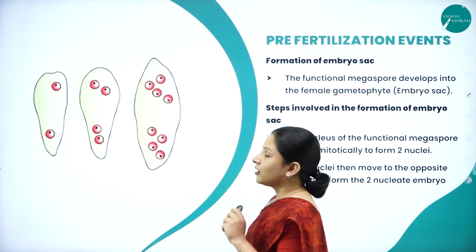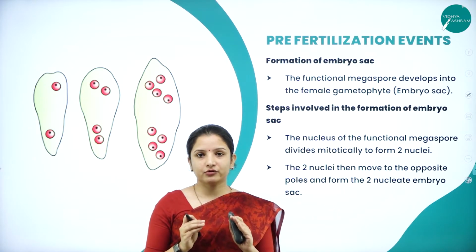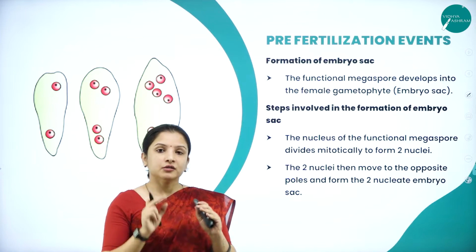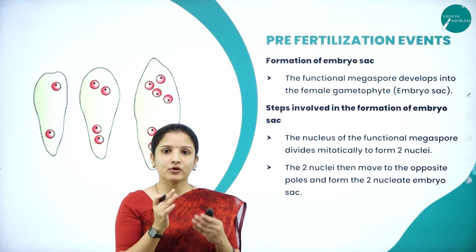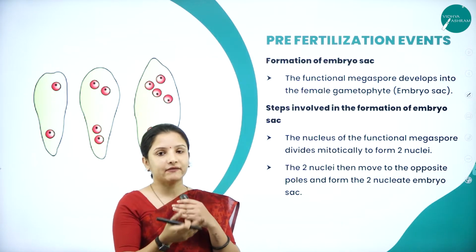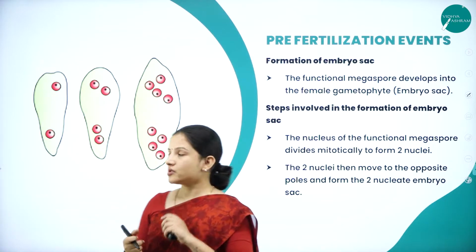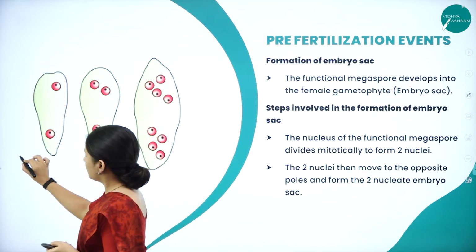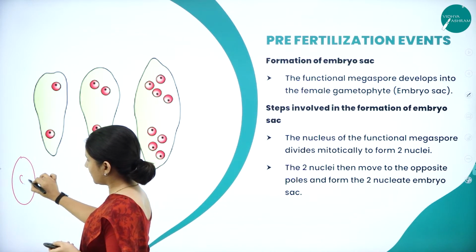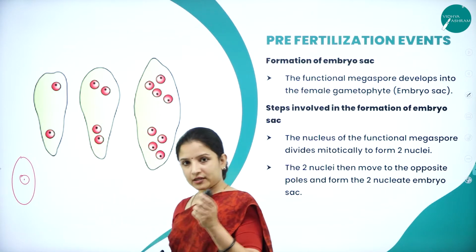Now, how will that one single megaspore that was retained develop into the embryo sac, we'll look into. Again, one cell was retained because of monosporic development.